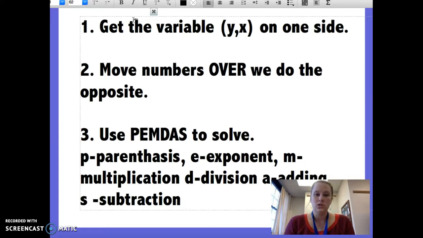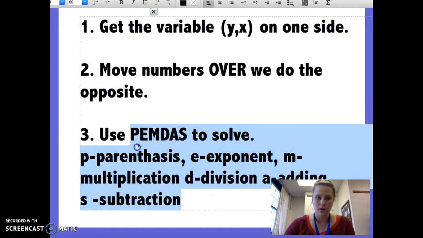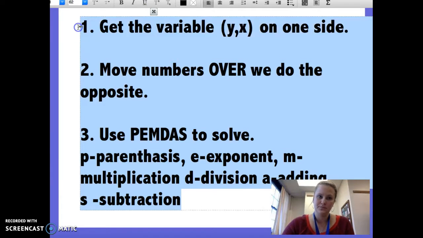Okay. So once you have all of this down, you should pause this, and once you have all of this down, then play it again, because we're going to go over a couple of problems.